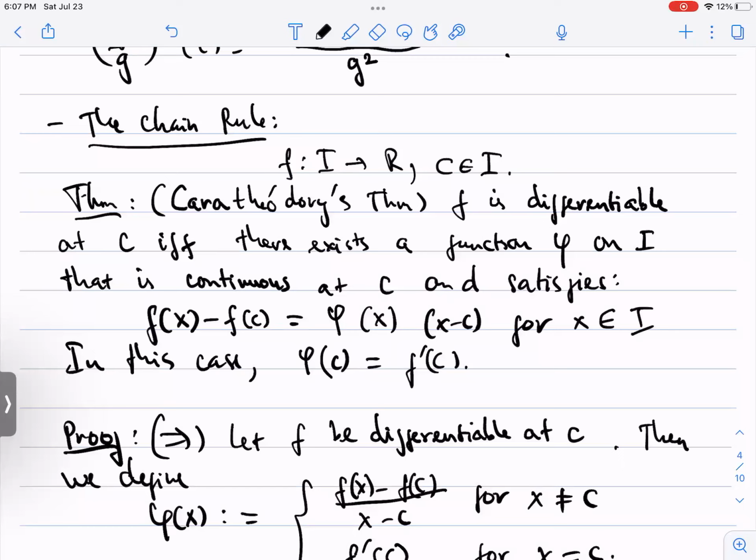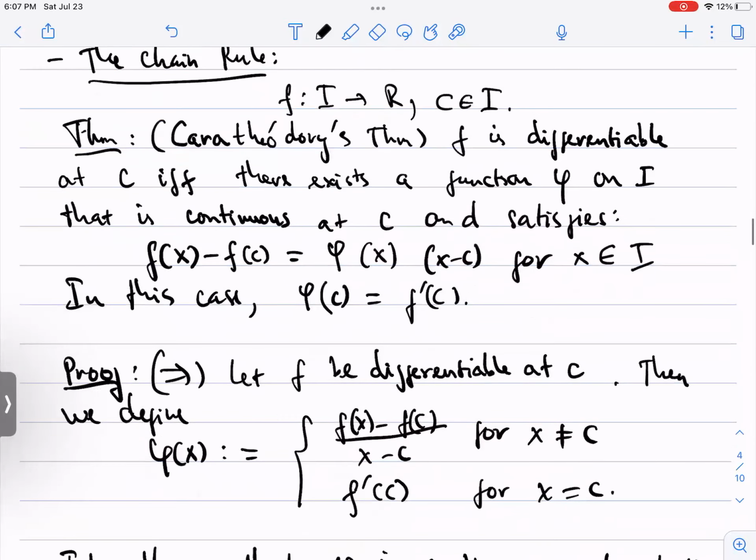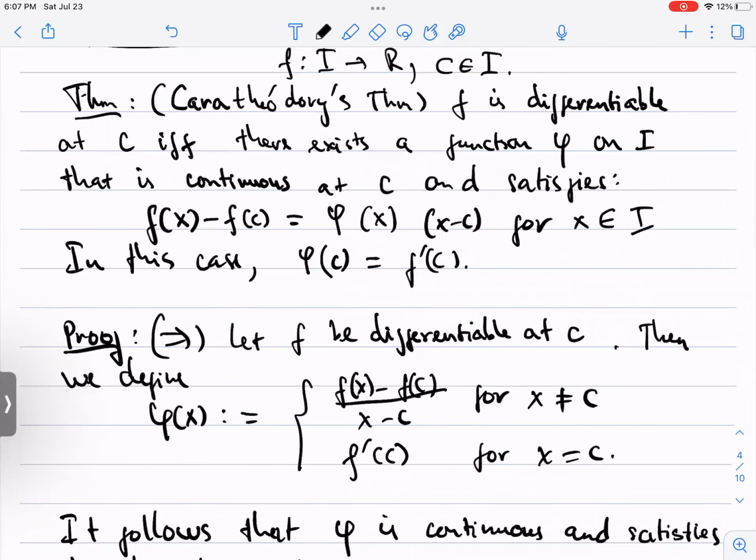Furthermore, in this case, phi of c is equal to the derivative of the function f evaluated at c.